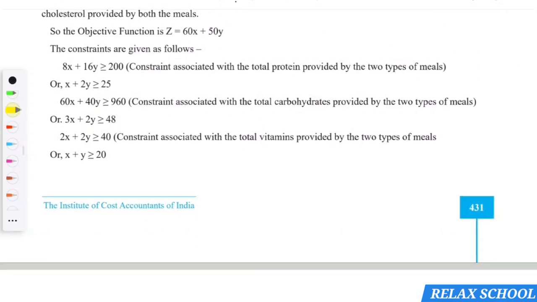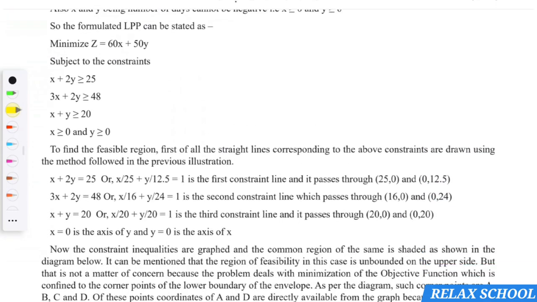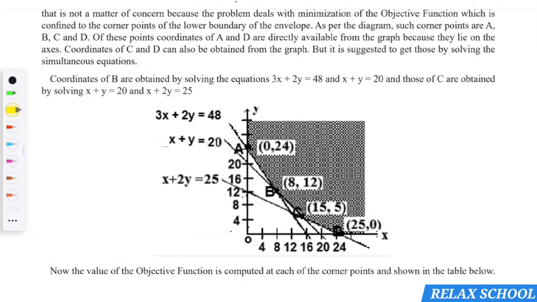I want to take the objective function here, and the subject to constraints here, and directly solve the graphical problem right down here. This is because I wanted to assume that you have known how to create the LPP. I want you to understand how you solve different problems.